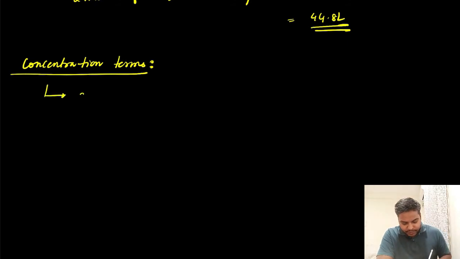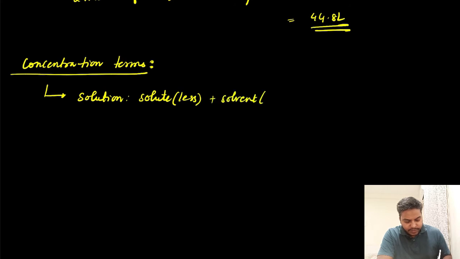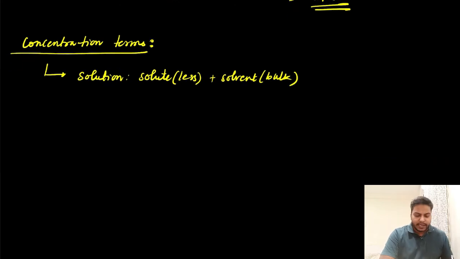For concentration, we need to understand what a solution is. A solution is a combination of solute, which is usually less in quantity, and solvent, which is bulk in quantity. And in a solution, we have various concentration terms. The first of them is percentage composition.